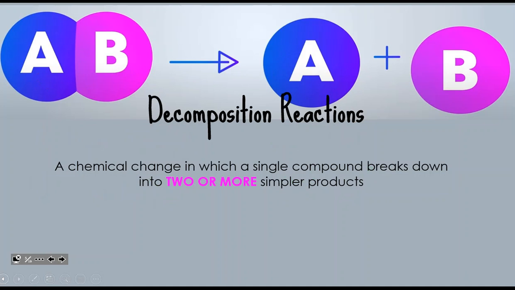The next basic one is decomposition, where you're taking the one compound and breaking it apart into the elements. So a single compound breaks down into 2 or more simpler products. We're going to just be breaking down into elements. We're not going to go into anything more complex in terms of decomposition.